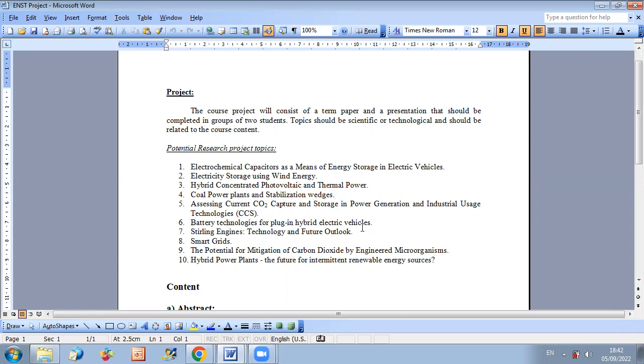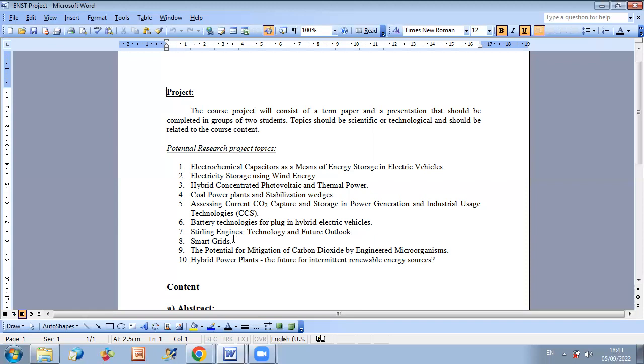So if any house has an excess in energy, because in Europe you have a lot of houses using renewable energy, sometimes they can store energy, and they can also sell a part of this energy by sharing it with the electrical grid of the country. So smart grids is a very interesting topic, and we can see how we can efficiently use energy on a macro scale.